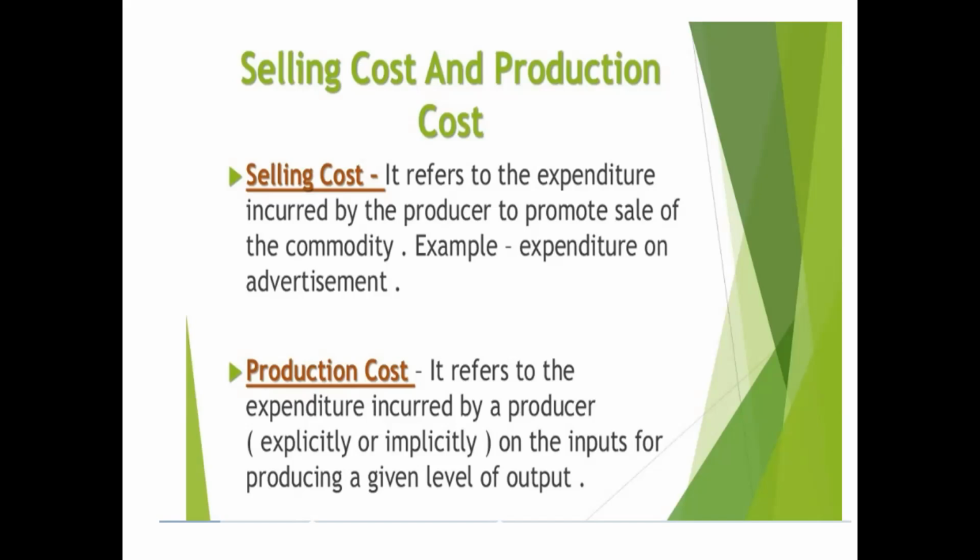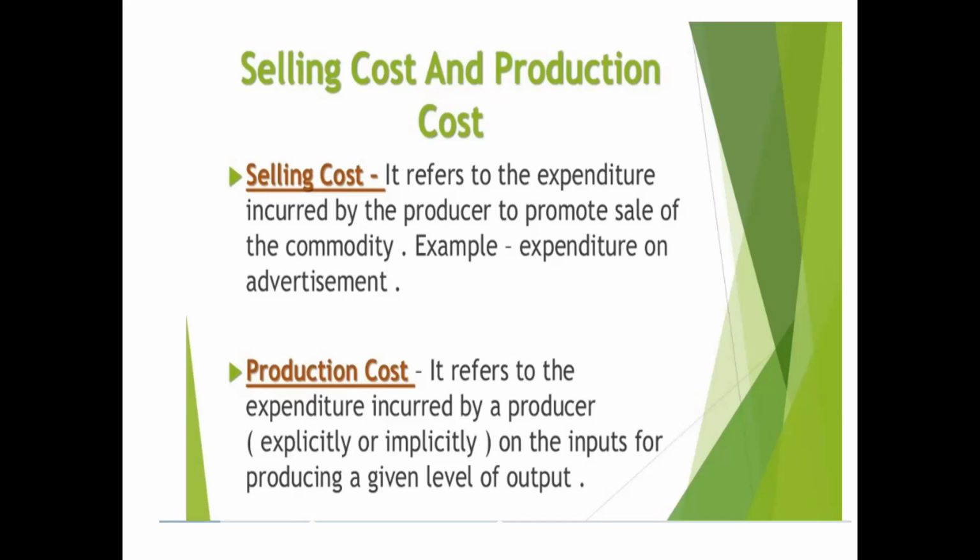So based on that, we can identify selling cost, production cost, marketing cost, financial cost, administration cost. So likewise, different types of cost. The selling cost or the marketing cost, we identify as expenditures incurred to promote sales.